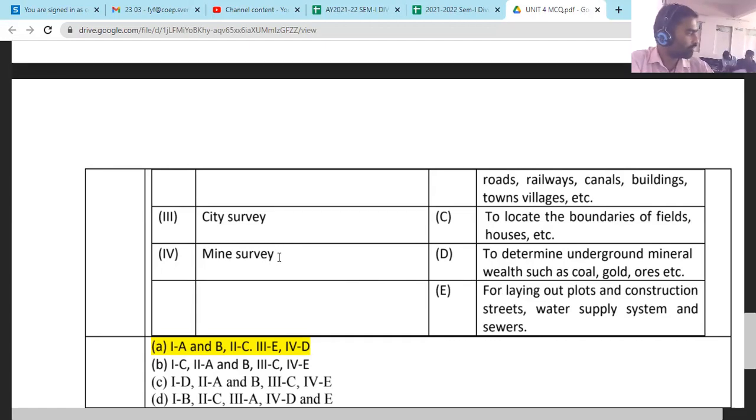Then mine surveying. Mine minerals, correct?